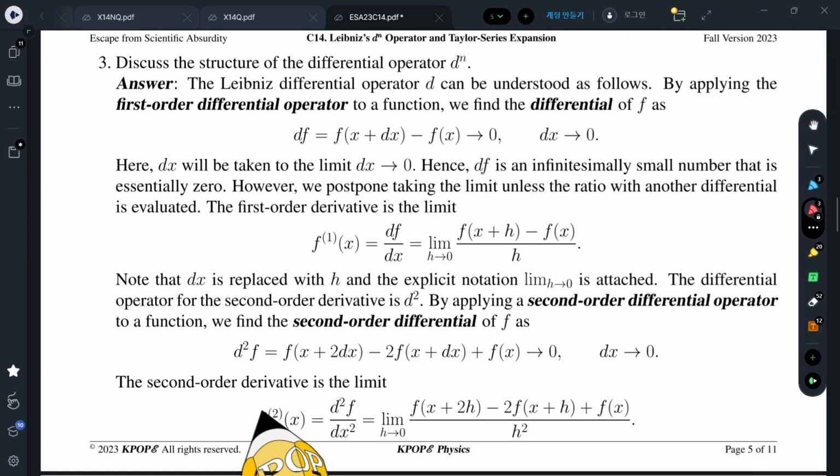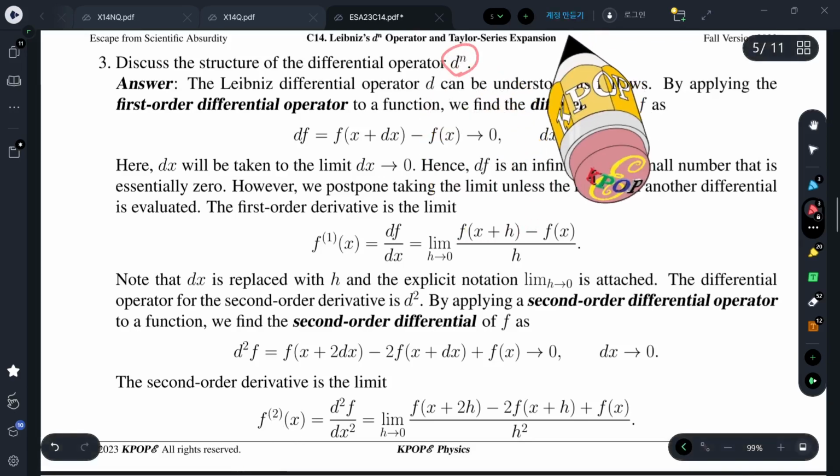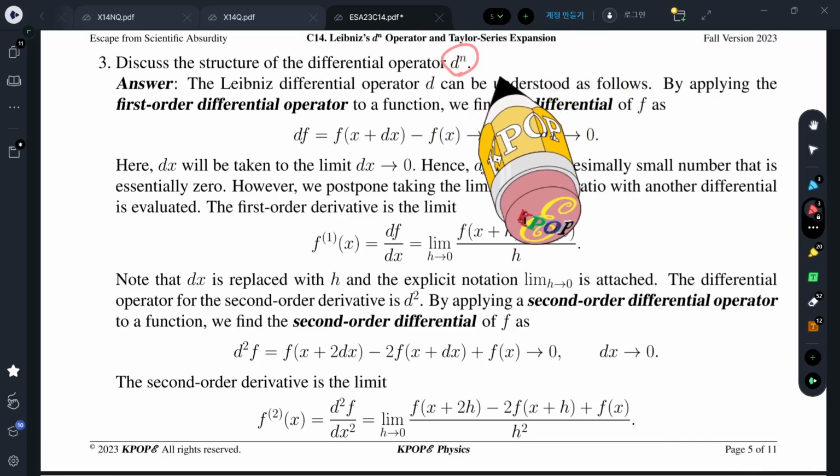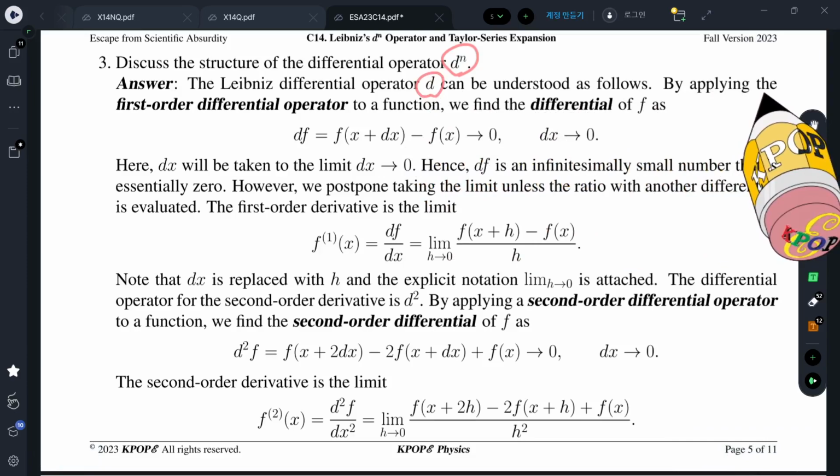Discuss the structure of the differential operator. The operator d to the n is necessary to evaluate the nth order derivative of a function. The Leibniz differential operator d can be understood as follows.